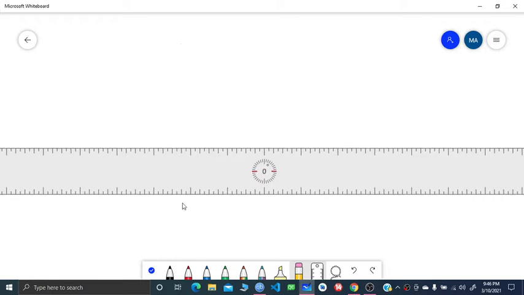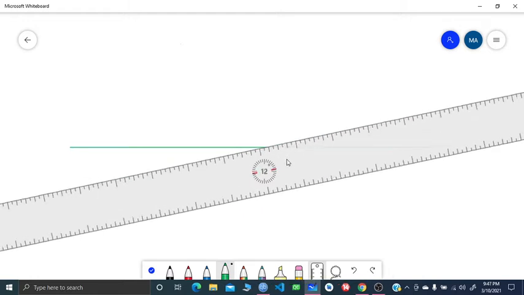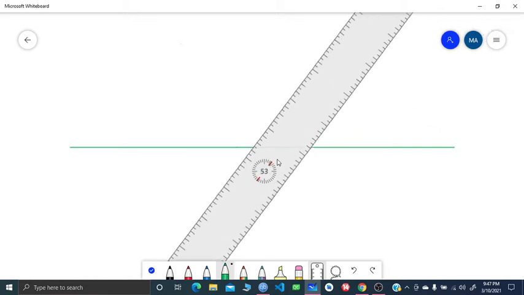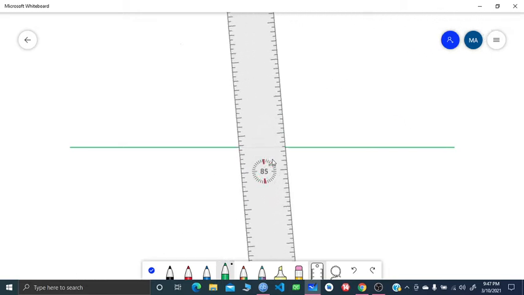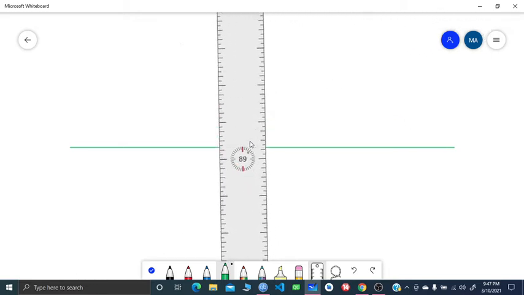Okay, let's draw my quadrants. This is my x coordinate, and this is my y coordinate.